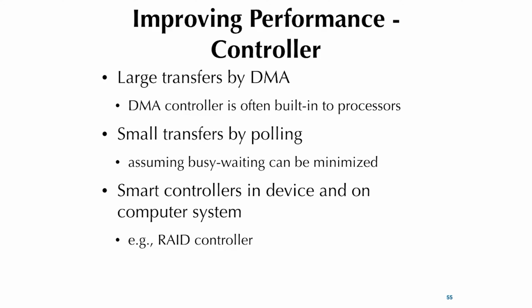Now, if your transfer size is small, then perhaps you want to consider polling, especially if the latency or the amount of busy wait is rather small, because there is still overhead associated with the interrupt service routine, right? Because the processor does have to save state, restore state.